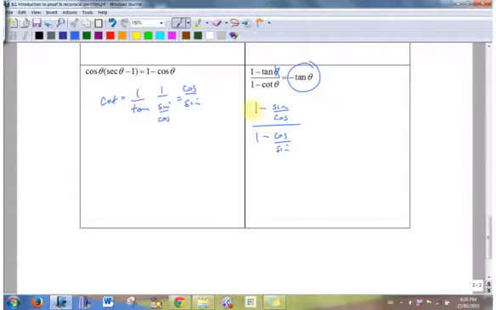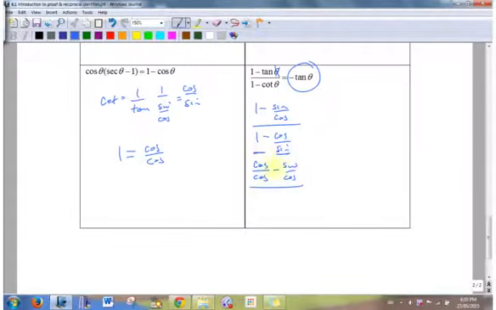Little trick. There's two fractions here. I need a common denominator to add or subtract these. So I want this common denominator to be a cosine. So 1 I can write as cosine over cosine. And on the bottom, there's a sine here.